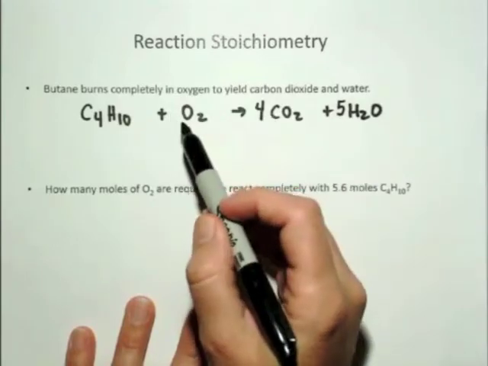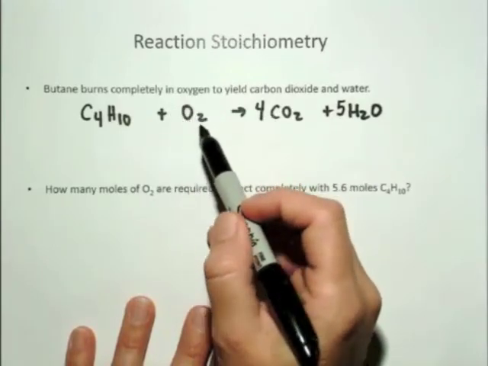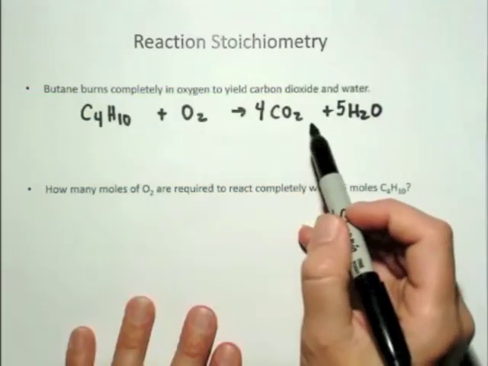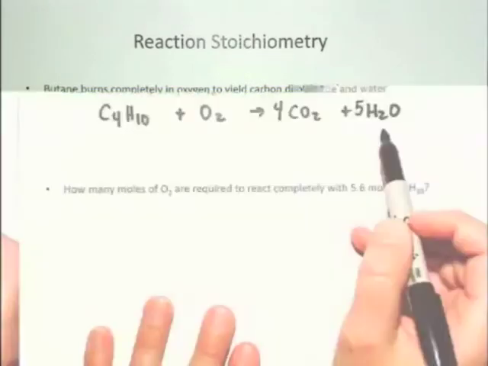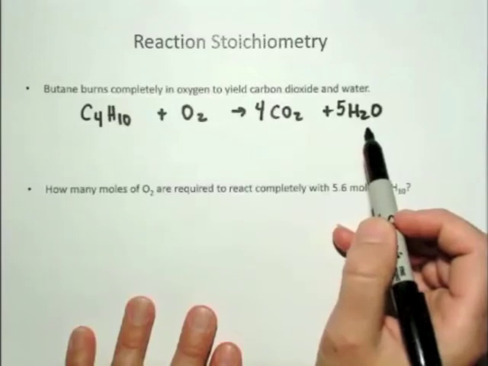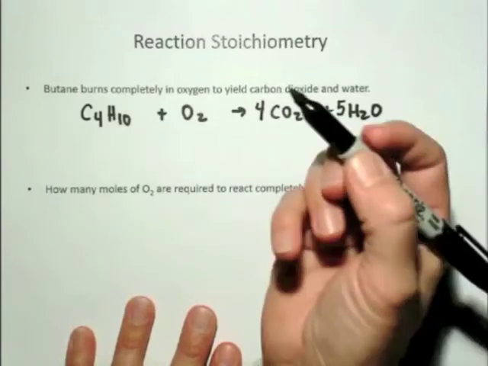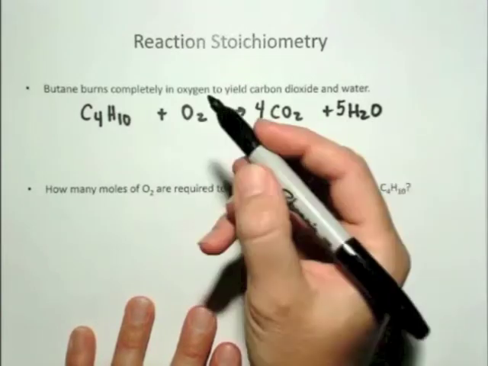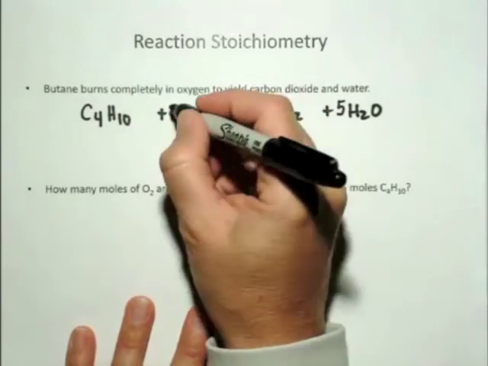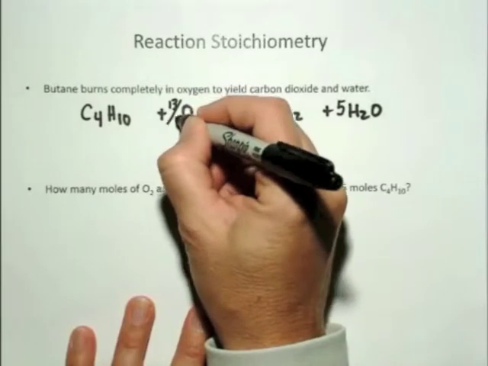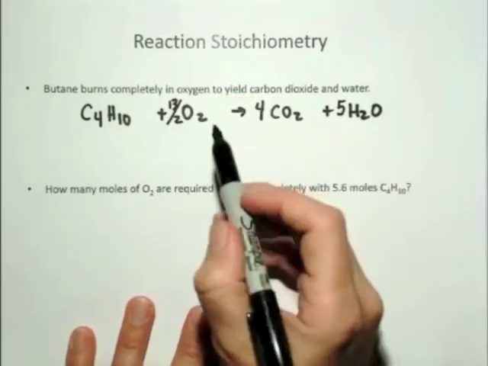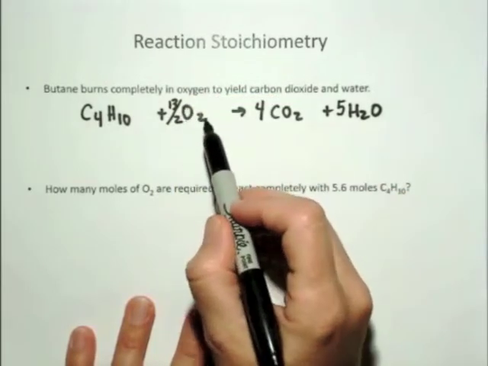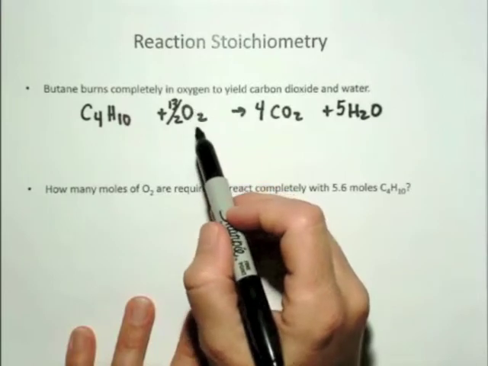The last thing to balance is the oxygen. We, of course, only have 2 oxygen atoms on this side. And on this side, we have 8 plus 5 is 13. So then we have 2 over here, so you have an odd number on this side and an even number on this side. So there's a trick where you can say, okay, I have 13 halves O2, so 13 halves times O2 is just equal to 13.